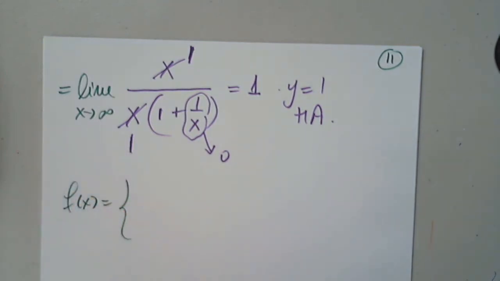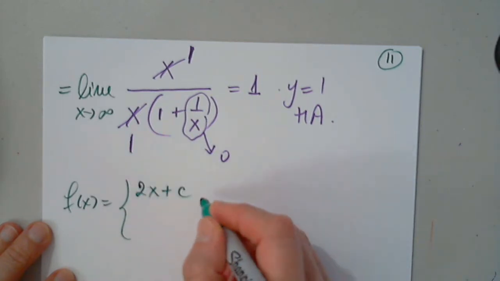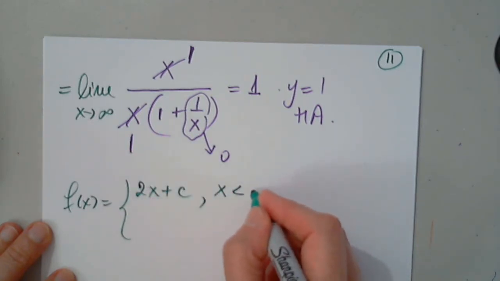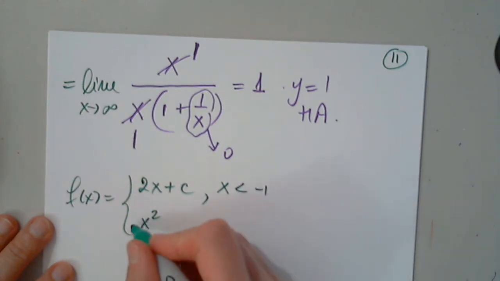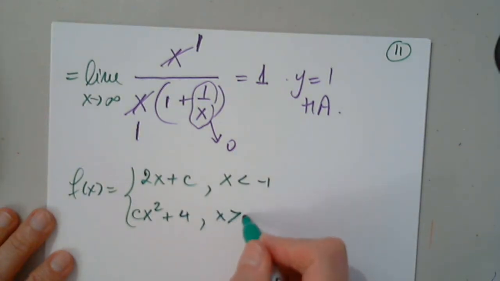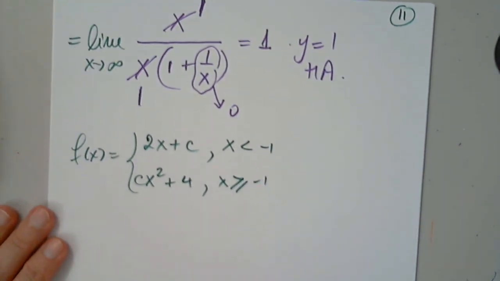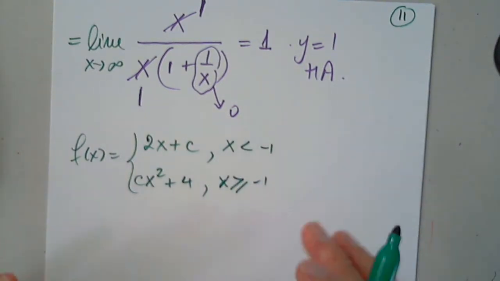I'm going to make one up. I don't know if it's going to work or not. We'll see in a moment. I just made it up. We can look up and choose one from the book.